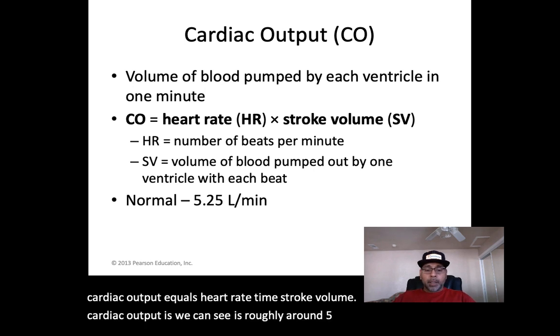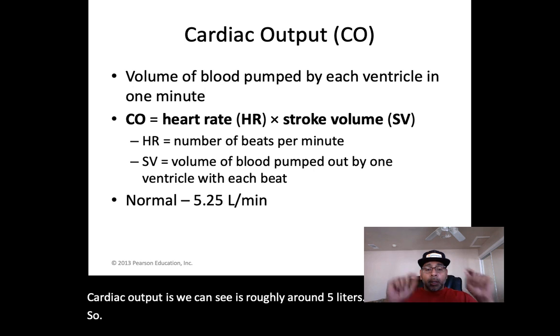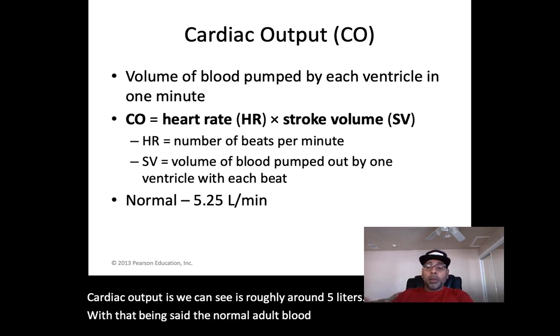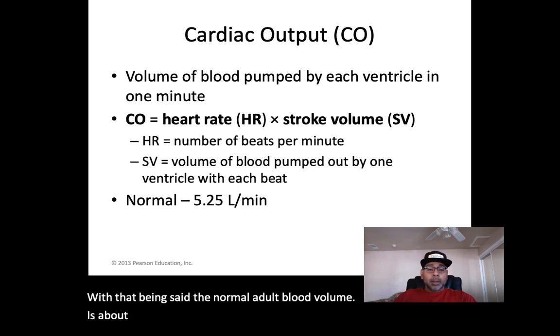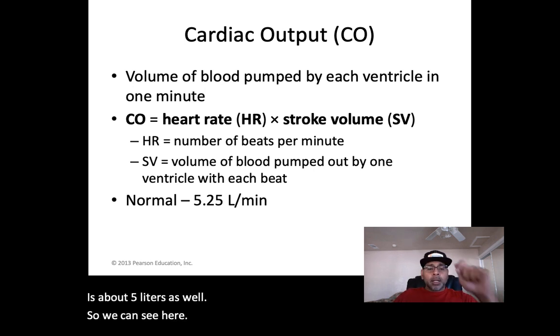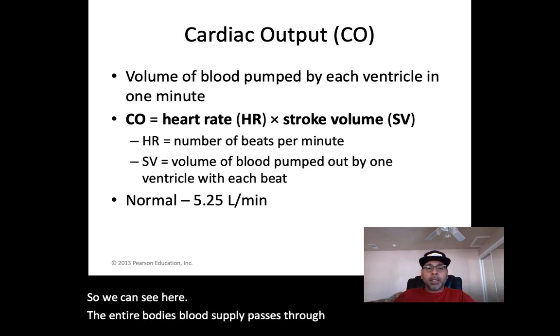With that being said, the normal adult blood volume is about 5 liters as well. So we can see here the entire body's blood supply passes through each side of the heart once each minute.